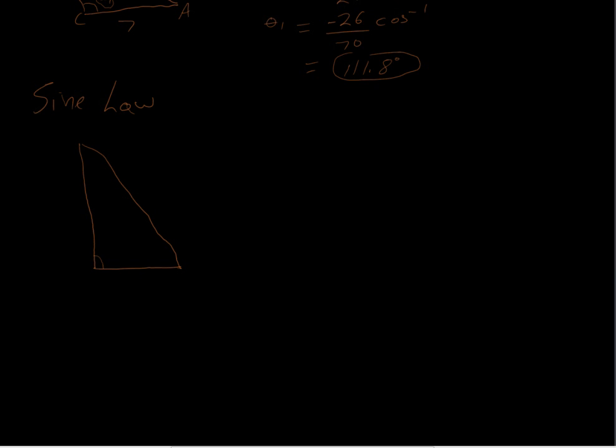Let's just label our triangle A, C, B, small b, small c, and small a. So sine law states that the side A over the angle A is equal to side B over the angle B is equal to C over the angle C.